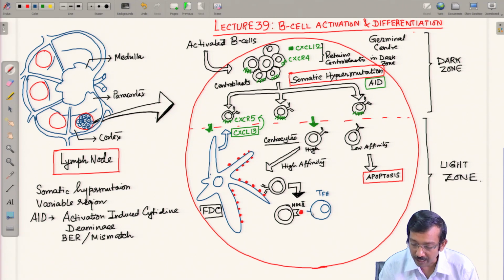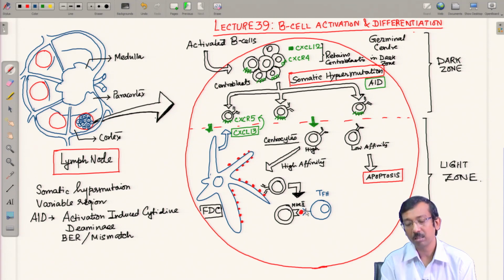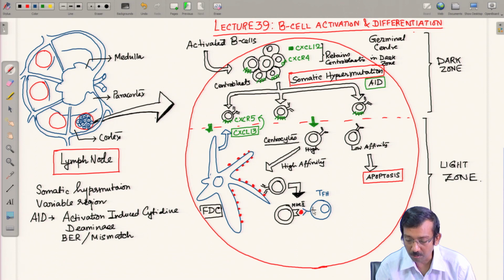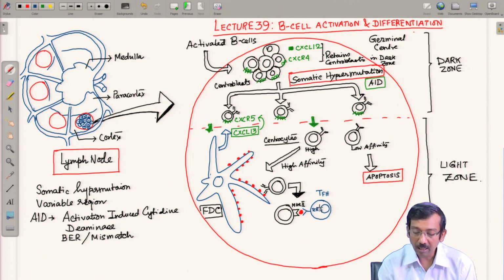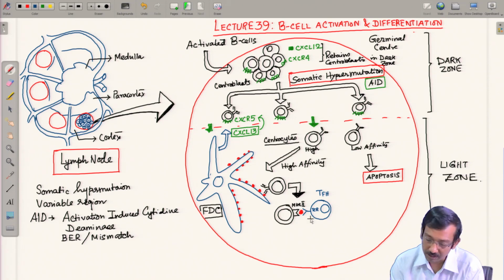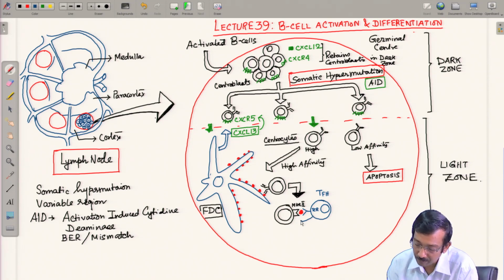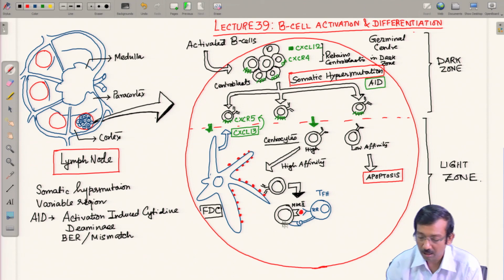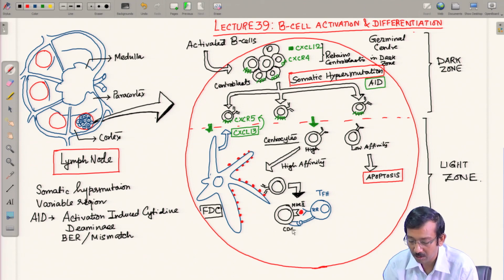They will interact by the T cell receptors, so with the TCR there will be an interaction, and again there will be interaction of the CD40 ligand to the CD40. So, again a CD40 to CD40L interaction.